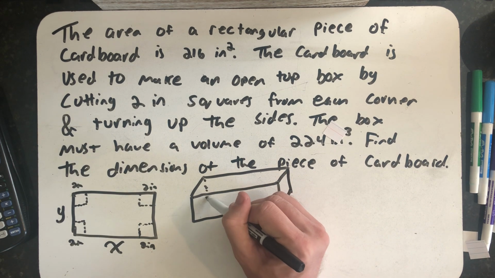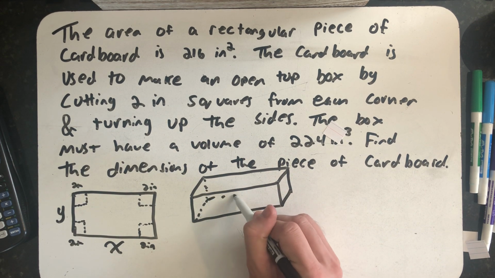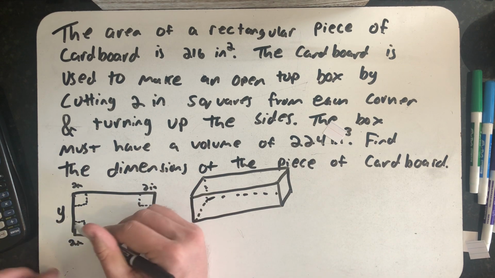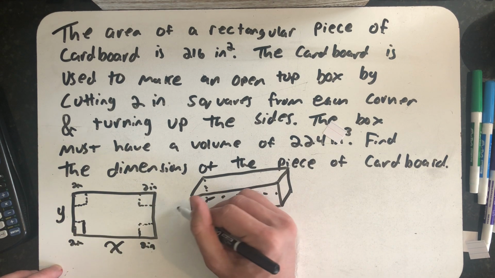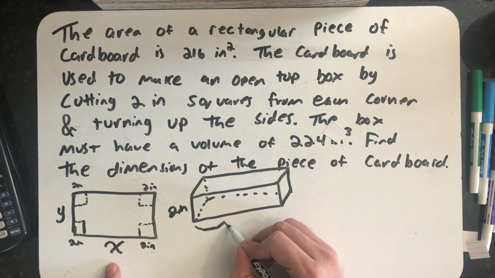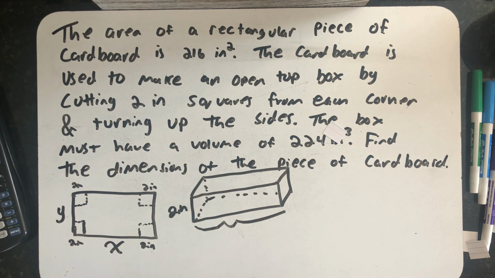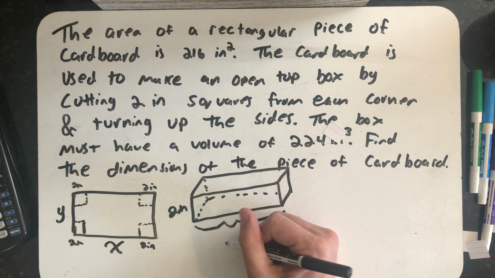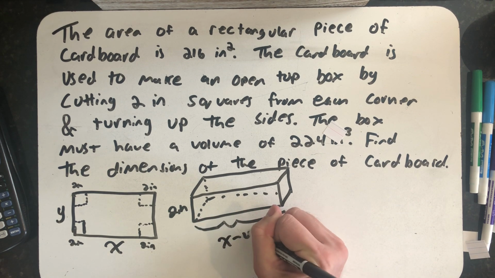And what we just noticed was that when I fold up this flap, this length here became the height, and that's 2 inches. So now let's see if we can find the other measurements of the box in terms of our chosen variables. So this whole length was X, but I took 2 inches off each side, so that's going to be X minus 4 long.